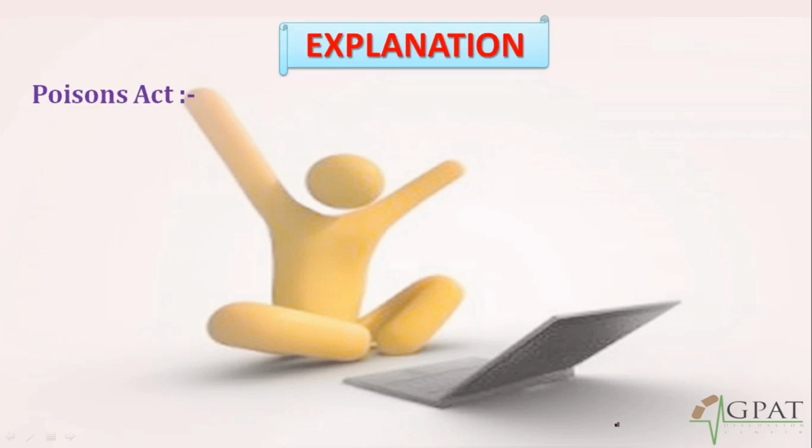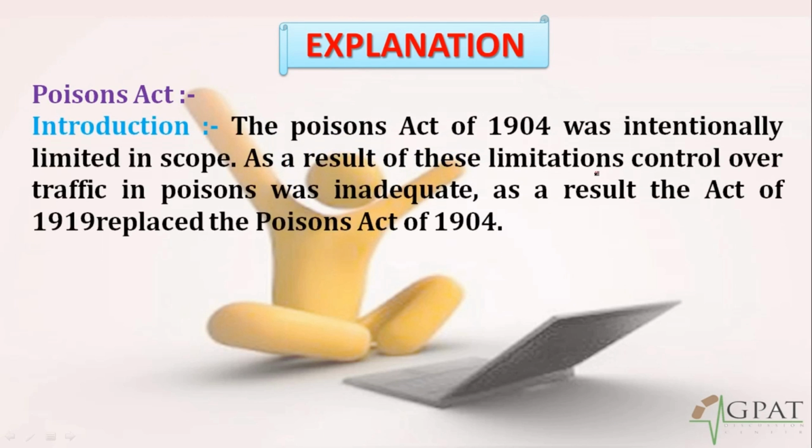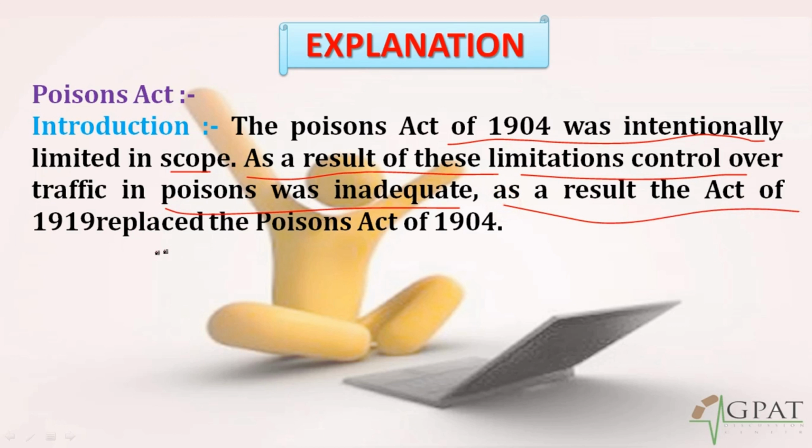So what is the Poisons Act? The Poisons Act of 1904 was intentionally limited in scope. As a result of this limitation, control over traffic in poisons was inadequate. As a result, the Act of 1919 replaced the Poisons Act 1904.